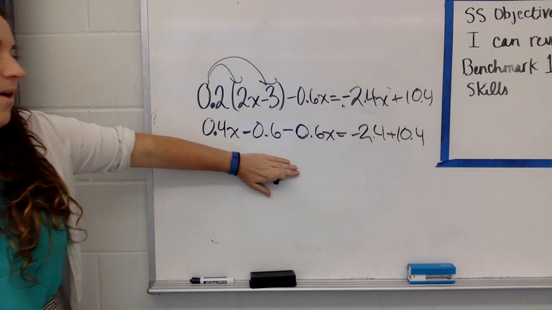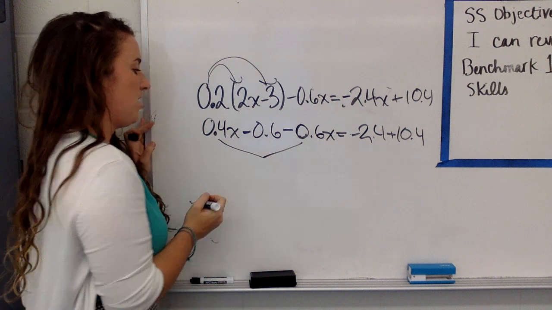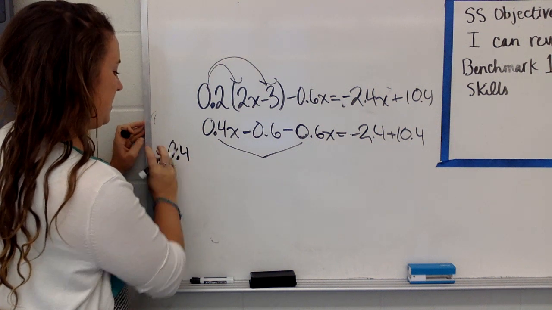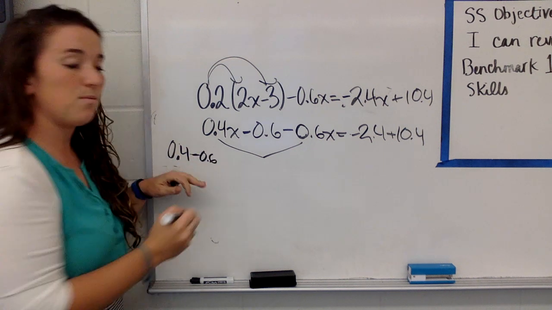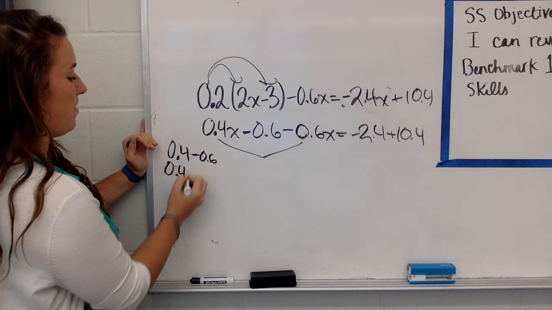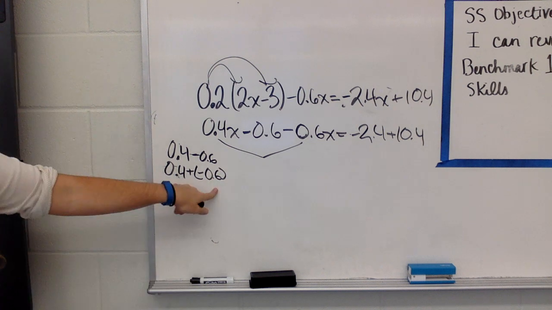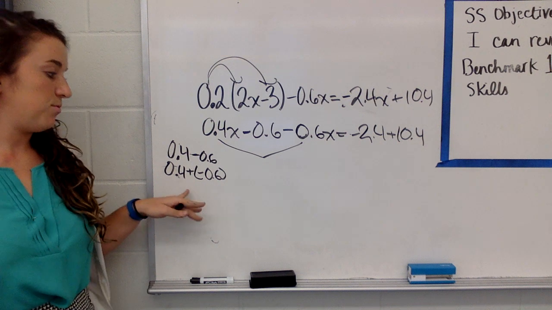All right, now on this side, you can further simplify this by combining your like terms. You have 0.4 minus 0.6. Because 0.4 is smaller than 0.6, this will start getting into negative integers. So it's 0.4 plus negative 0.6. When you have two numbers with different signs, what do you do with the numbers? Subtract them.